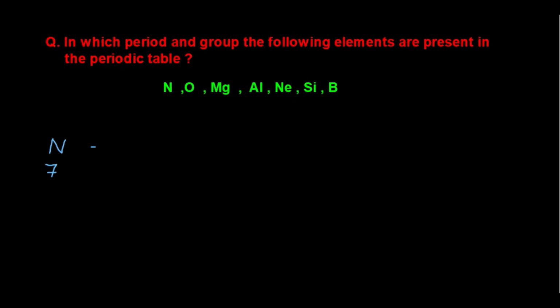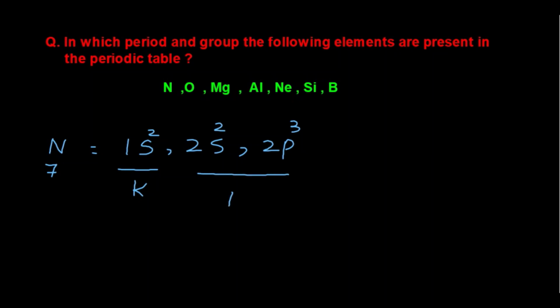The electronic configuration for nitrogen is 1s2, 2s2, 2p3. We know 1s is the subshell of K shell. 2s and 2p are the subshells of L shell.